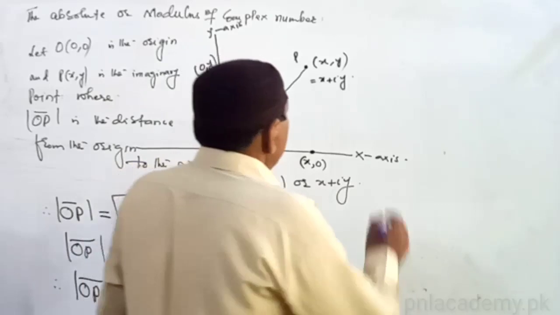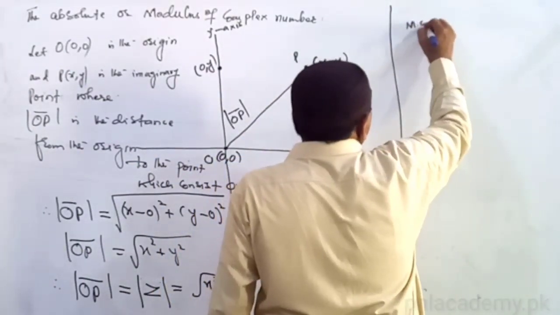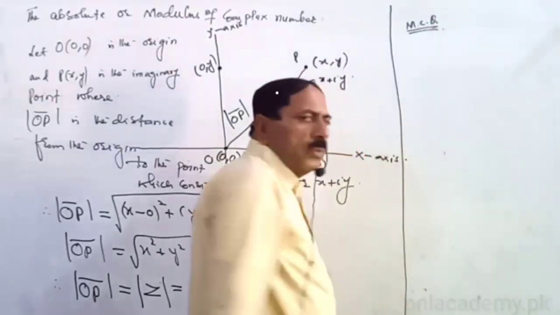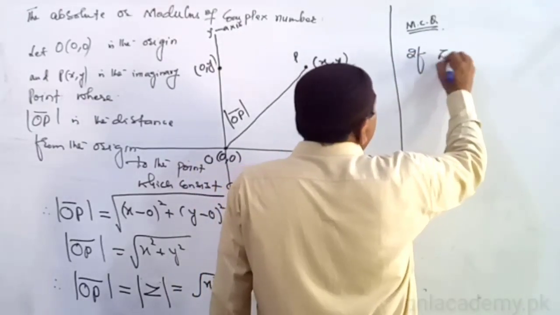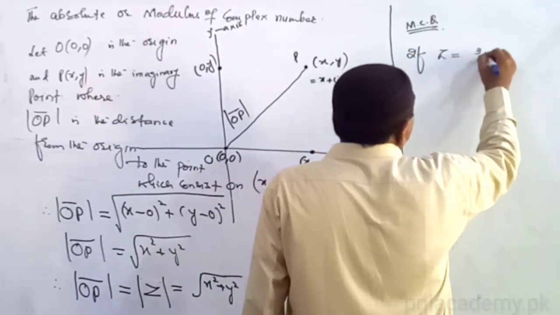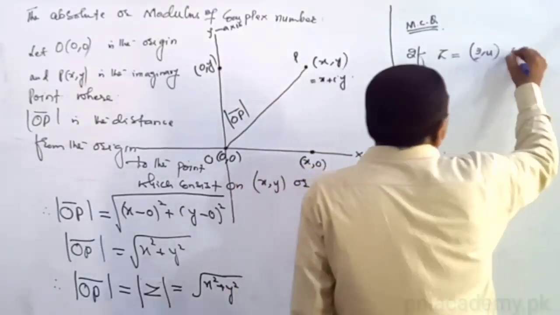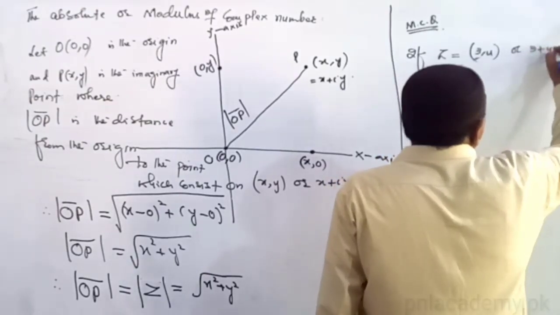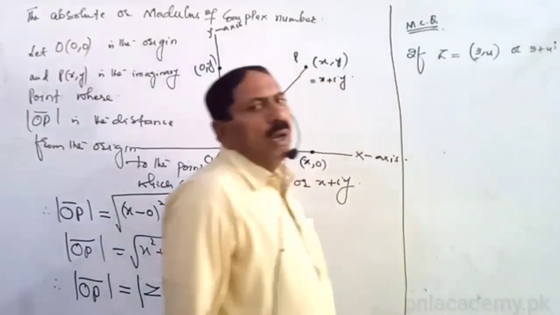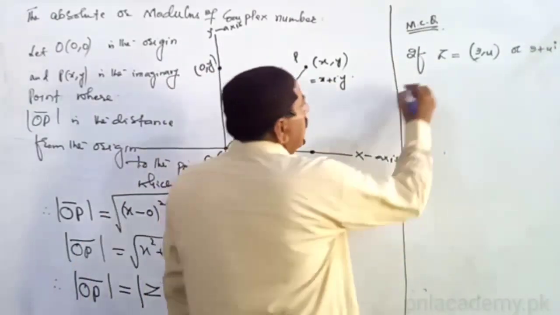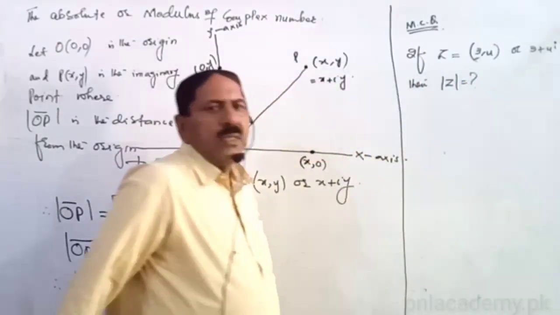So according to the MCQ, if z is equal to 3 comma 4 or 3 plus 4 iota, then mod of z is equal to what?